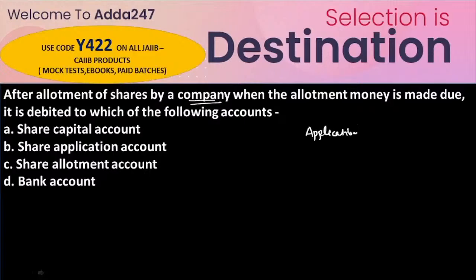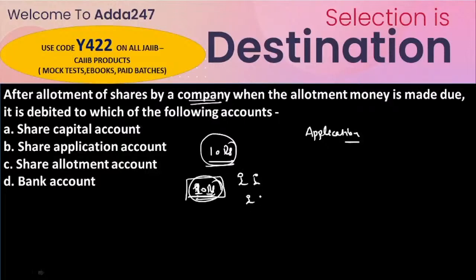So suppose the face value of the company's share is 10 rupees, and the company wants this money from the general public in installments. The first installment is known as the application.